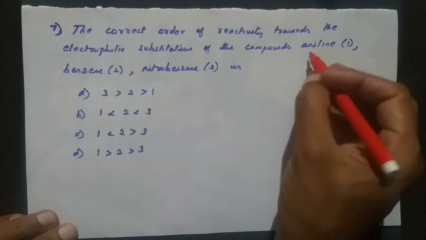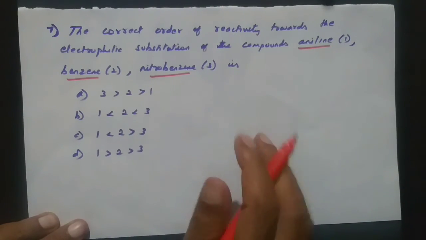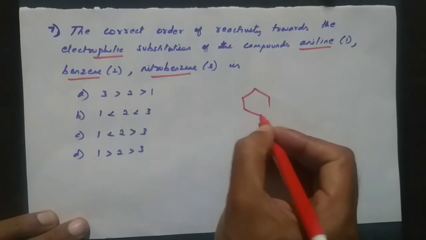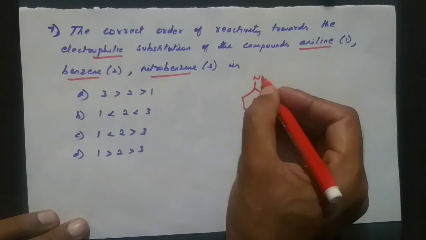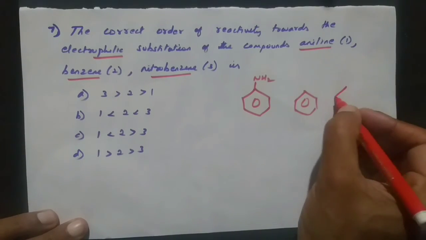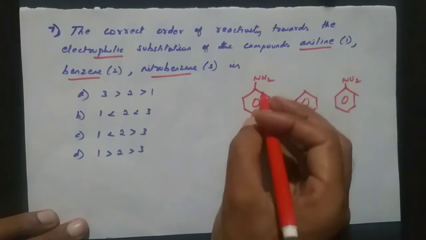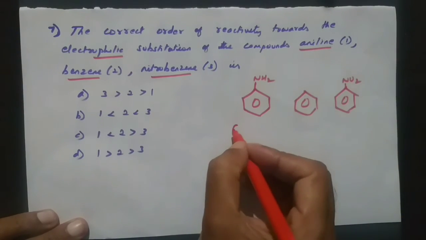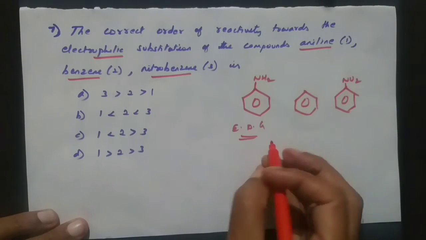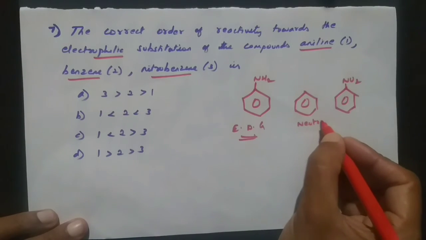In this question they have given aniline, benzene and nitrobenzene, and they are asking for the order for electrophilic substitution. Aniline, we know, is NH2. Benzene is the standard. And the third option is nitrobenzene. Aniline is an electron donating group. Here benzene is neutral.